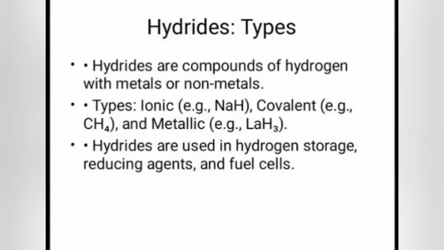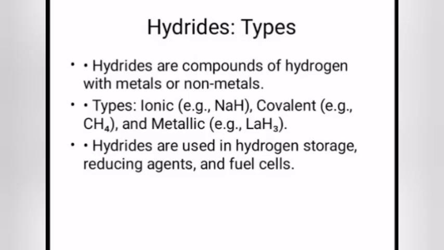Now when hydrogen forms compounds with non-metals, we don't call them hydrides like that. When we get to them, we'll see what they are called. But typically, when hydrogen is bonding with metals, it is called a hydride.